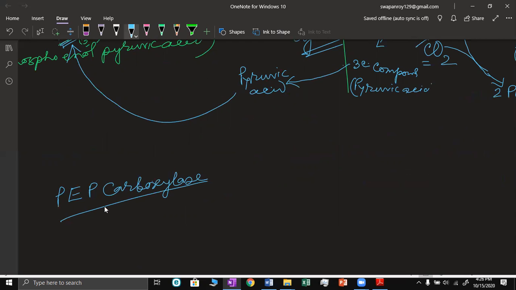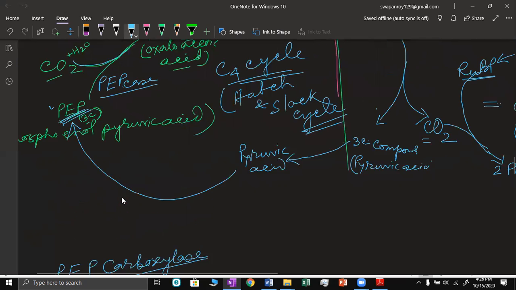This PEP carboxylase is purely carboxylase only. So it will help to absorb carbon dioxide, not oxygen.